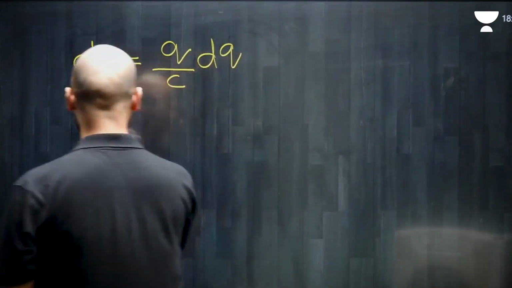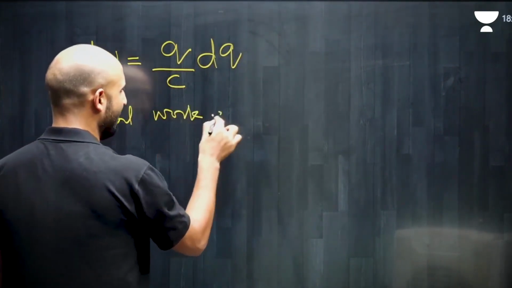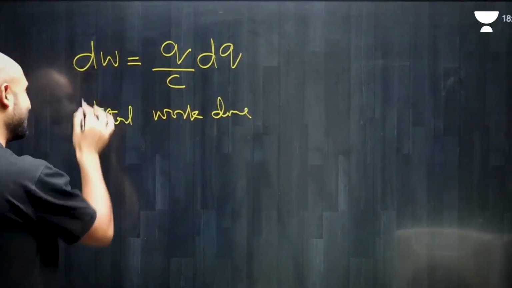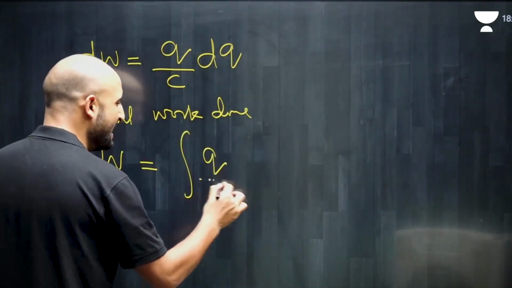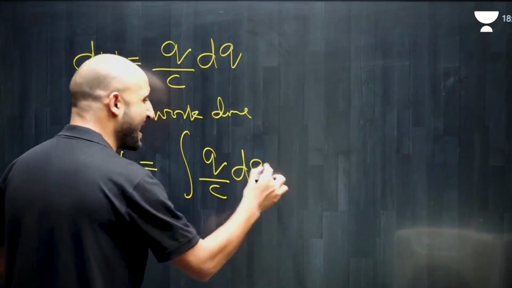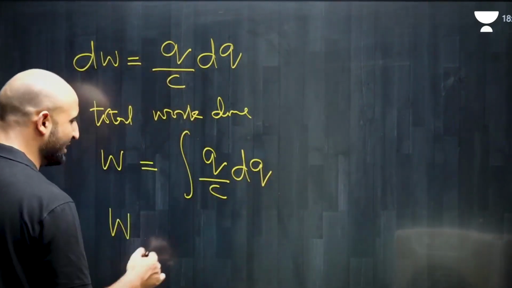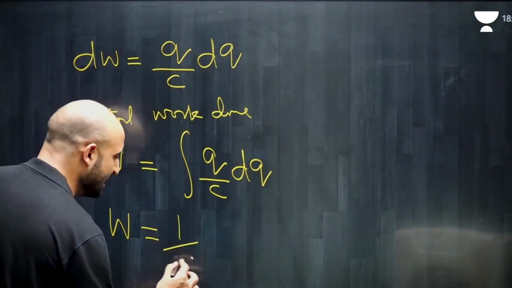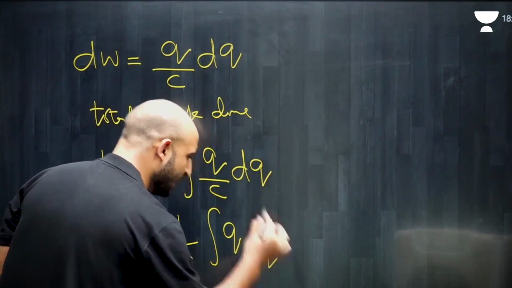For total work done, I will integrate it. I get W is equal to the integration of Q by C into dQ. Since your capacitance is constant, it will come out. So I get W is equal to 1 by C into the integration of Q into dQ.